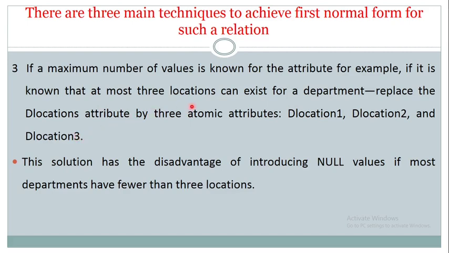If a department has only 1 location, the remaining 2 we mention as null values. So this solution has the disadvantage of introducing null values if most departments have fewer than 3 locations. This technique is not recommended because it can have null values. Even the second technique was not recommended because it consists of redundant data.